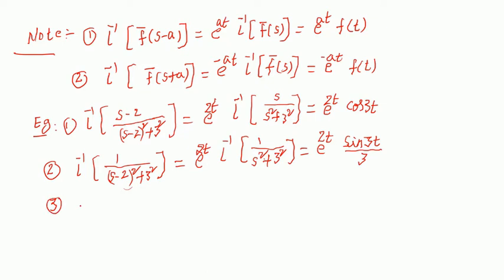Now see the example number 3. The example number 3 is L inverse of s by s plus 2 whole square plus 9. So this is equal to, here what is the form of s in the denominator? s plus 2. Do you have s in the numerator or not? Yes, we have s.